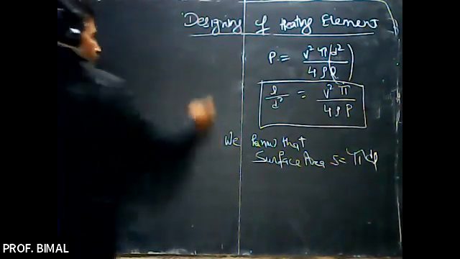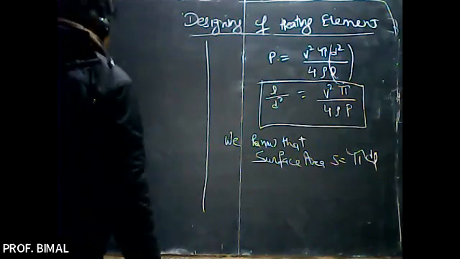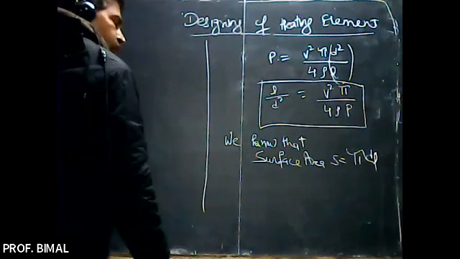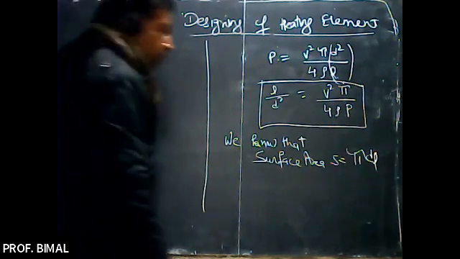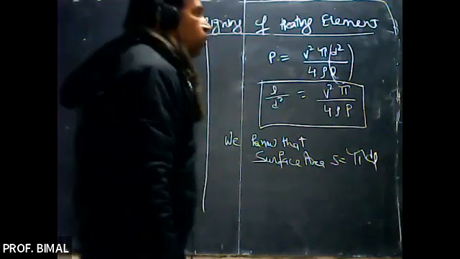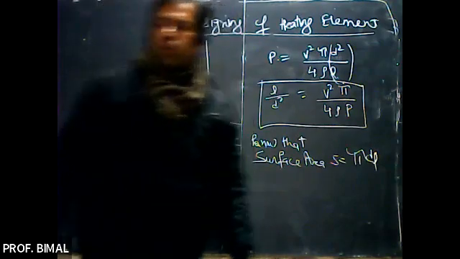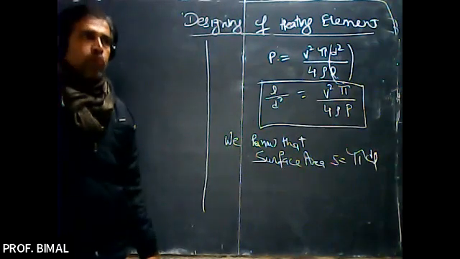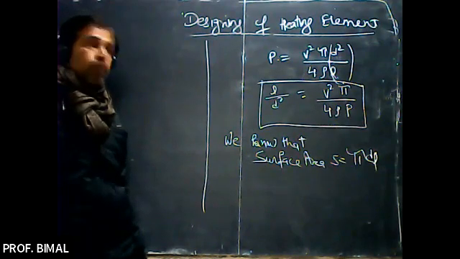At the start, when we wrote Stefan's law, we wrote that H is equal to 5.72 epsilon into (T1 upon 100) to the power 4 minus (T2 upon 100) to the power 4, watt per meter square.